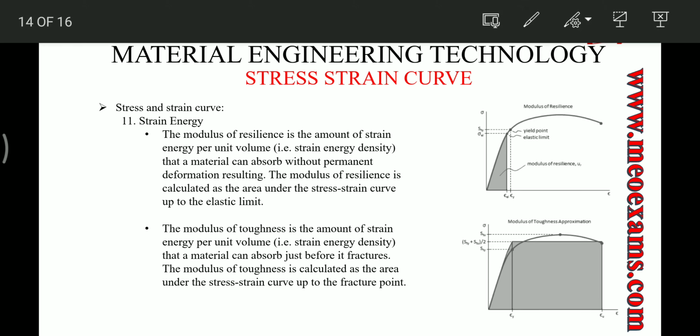Mostly these elastic and strain energies are calculated as strain energy densities. The elastic strain energy is also called the modulus of resilience, as you can see, friends. Modulus of resilience is calculated as the area under the stress strain curve up to the elastic limit. Then there is something called modulus of toughness.